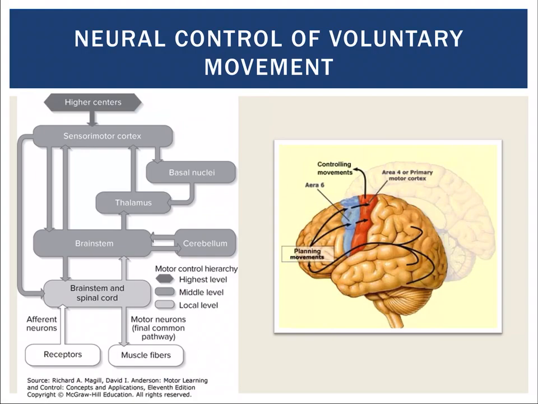And in area 6, we decide which muscles to contract. And then the command goes further to area 4 to finally activate specific muscles to achieve that movement. That information is then sent through the spinal cord to the periphery using motor units to contract skeletal muscles. And that then generates a feedback loop with sensory information.